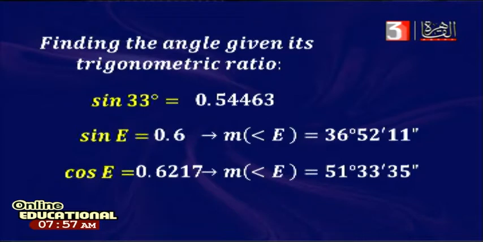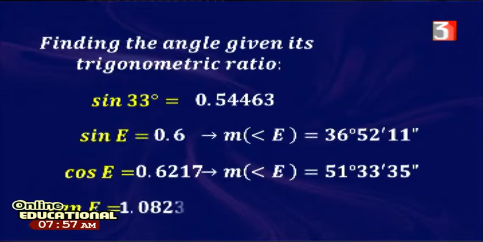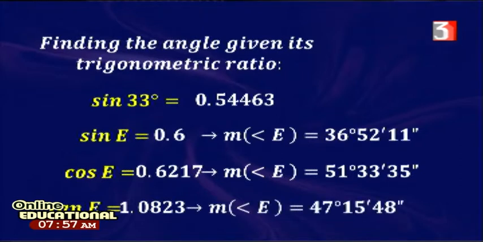Then, what about tan angle E? It is equal to 1.0823. So, to find measure angle E, press the button shift tan 1.0823. You are going to obtain measure angle E equals 47 degrees, 15 minutes, and 48 seconds.